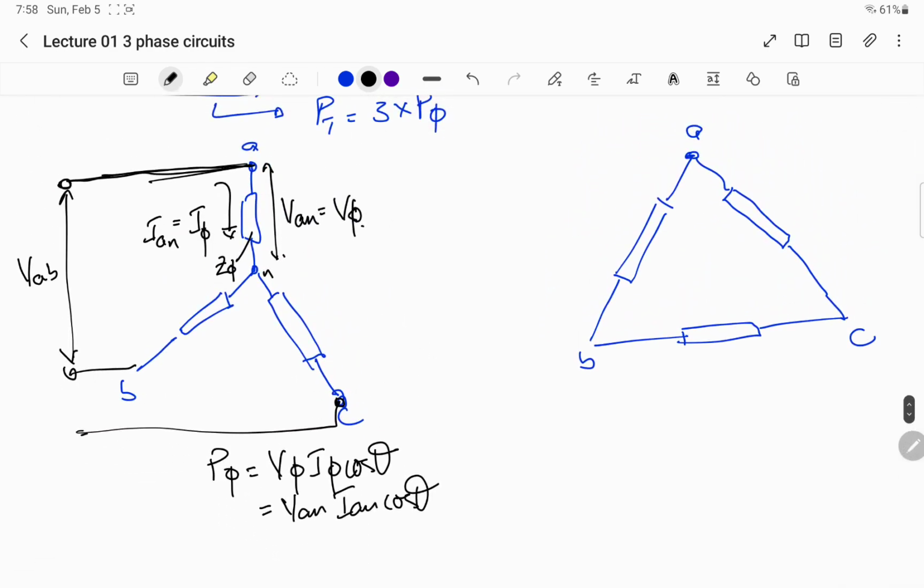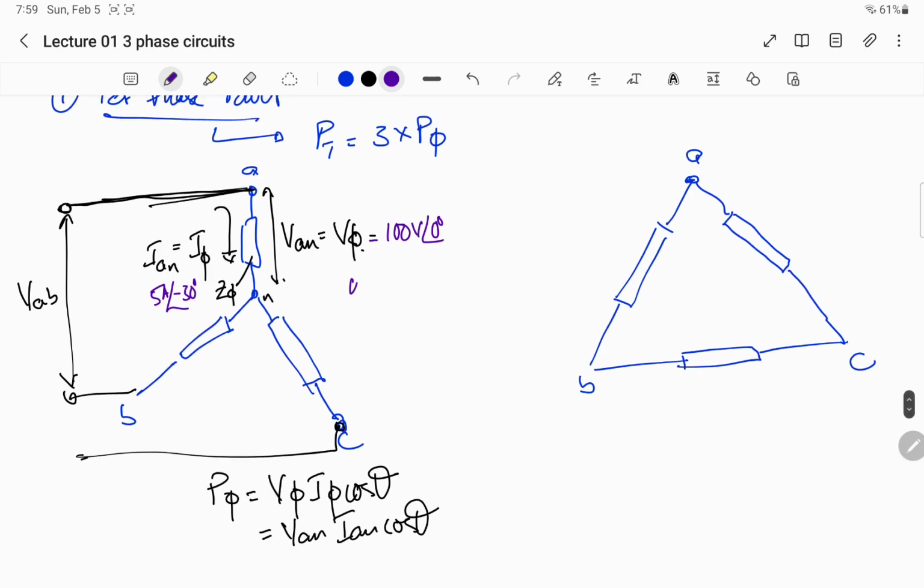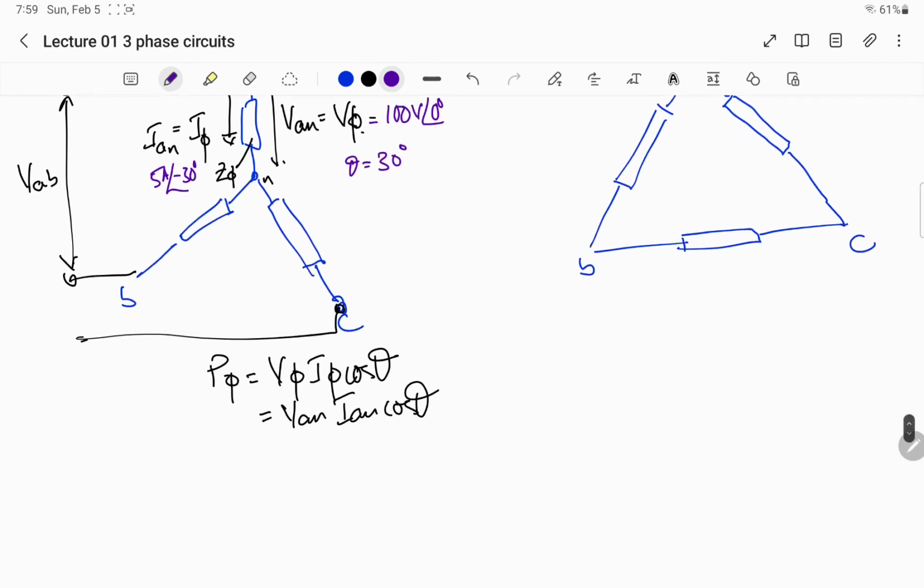But for example, here this was 100 volts 0 degrees, and we have IAN. So the value of this is 100 volts 0 degrees, and for the current we say we have value is 5 ampere minus 30 degrees, and the theta, the phase difference between this is 30 degrees.